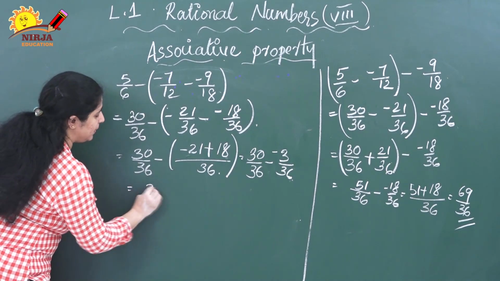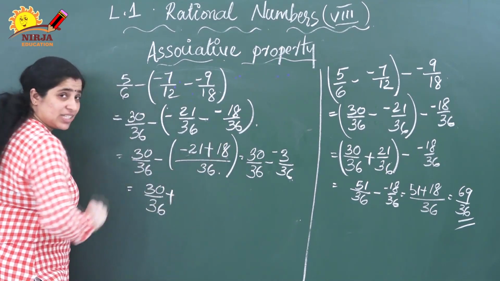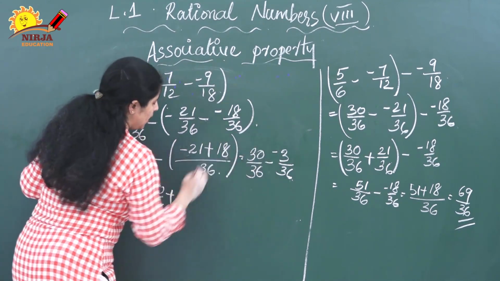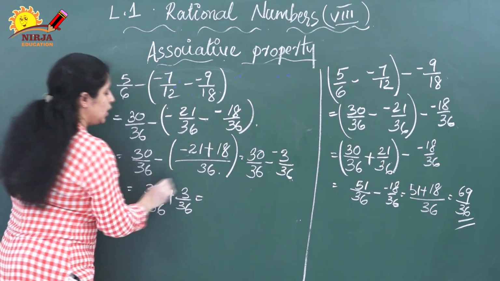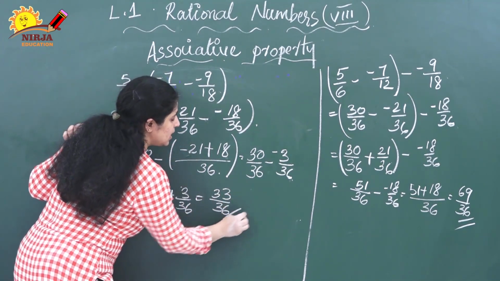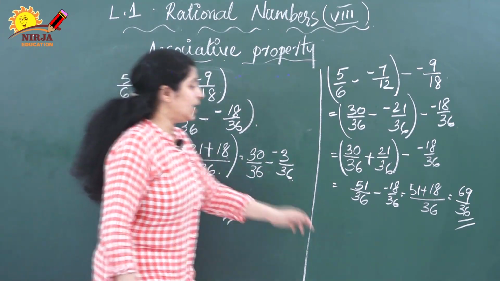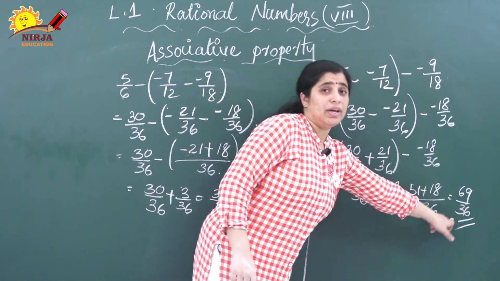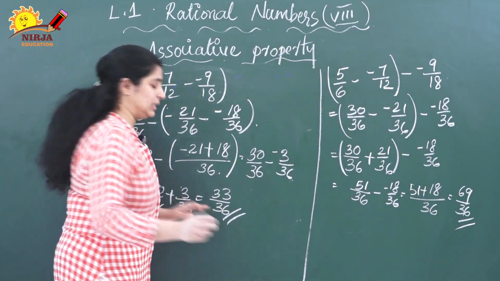Again you have to apply the rule of integers. Subtraction sign will change into addition. Write the additive inverse, that is 3 by 36. You are getting 33 by 36. Now we will see whether we are getting the same answer or not. Here you are getting 69 by 36 and here you are getting 33 by 36.